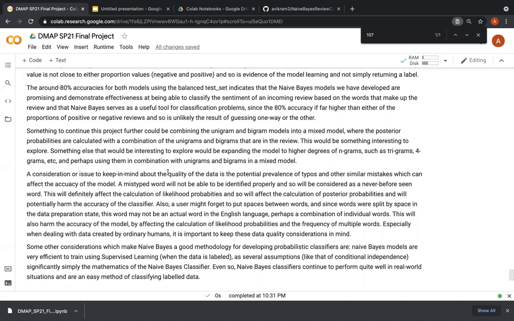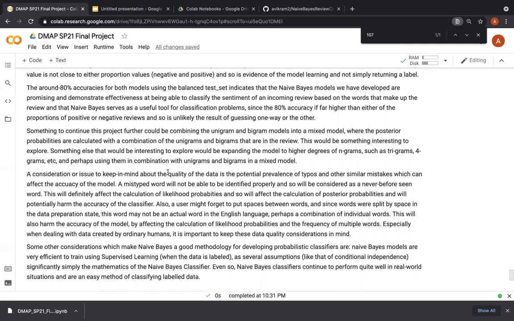In the data cleaning stage, I removed all punctuation characters, and I did make everything lowercase. I replaced punctuation with space, but there might be some weird characters, and there might be typos. Typos can definitely affect the accuracy of the model, because of the classifier.